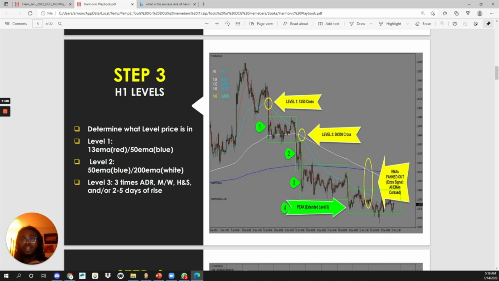And this is one of the reasons why I love the Harmonic playbook, because we give you the rules. It's a step-by-step guide. If all of the rules apply, you take the trade. If not, then you let it be.